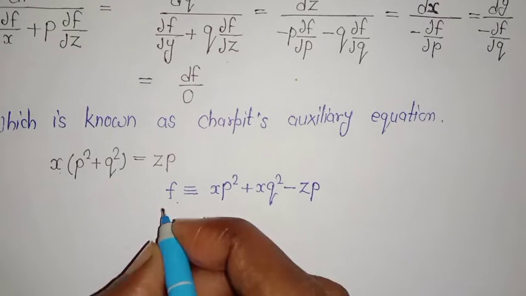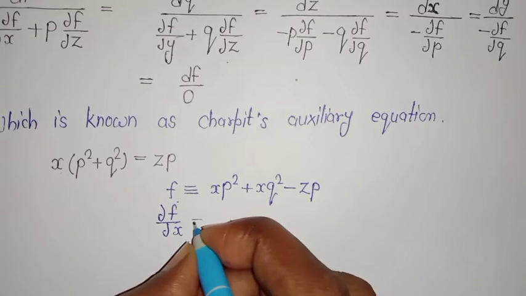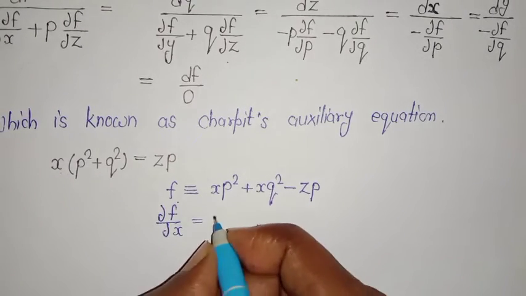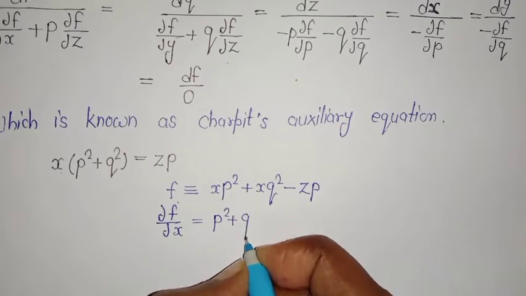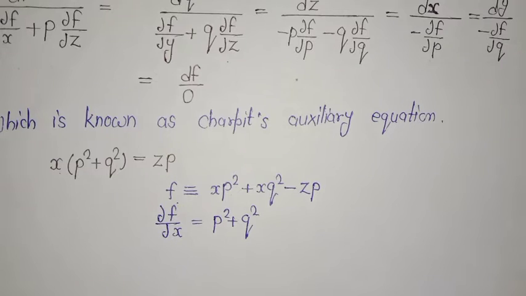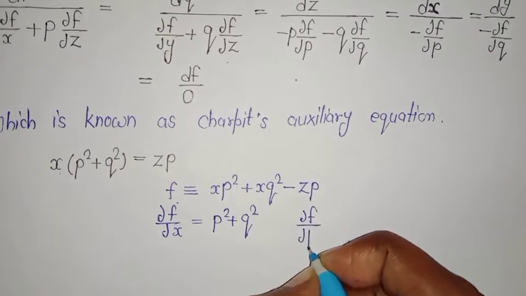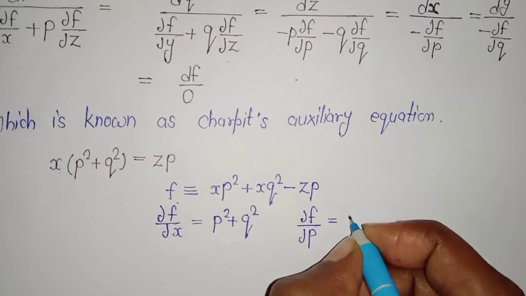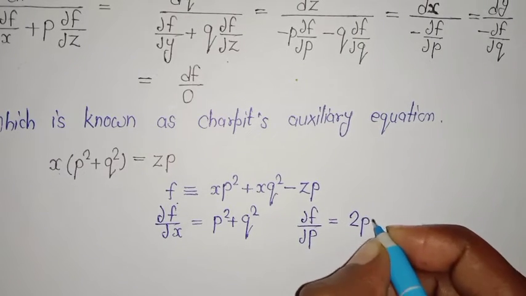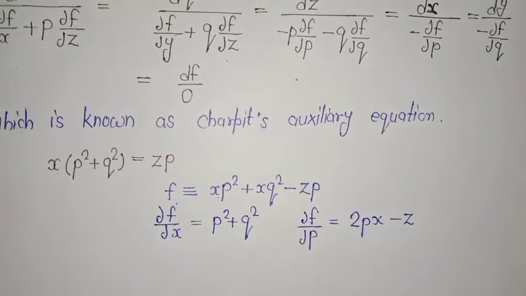Now if we differentiate it with respect to x partially, then we get p square plus q square. Since there is no term of y, we cannot differentiate it partially with respect to y. Now we differentiate it with respect to p. Then we get 2px minus z.